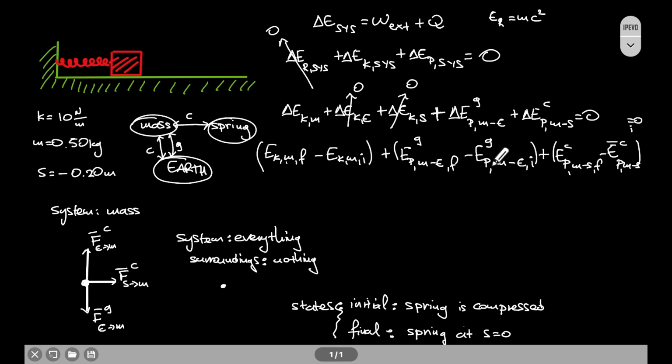Now I can use the expressions that I have for all of these. I do want to use something that I know to make my life easier. When I compress the spring and I release the mass, in the initial state the spring is compressed and the mass is not moving. The speed of the mass in the initial state is 0, and because the kinetic energy depends on the speed, this allows me to make this quantity 0.